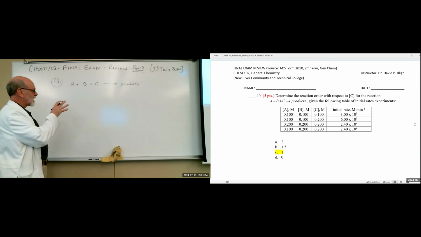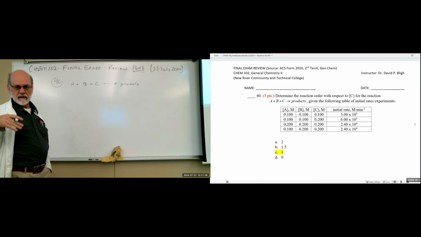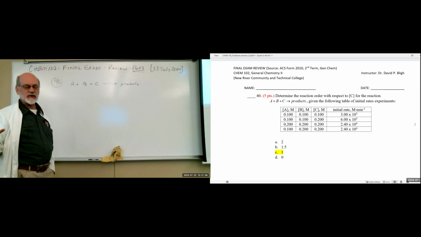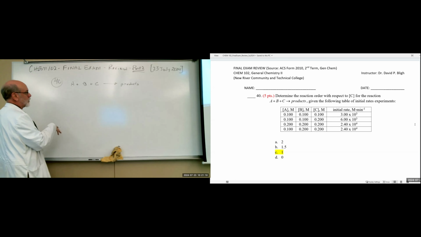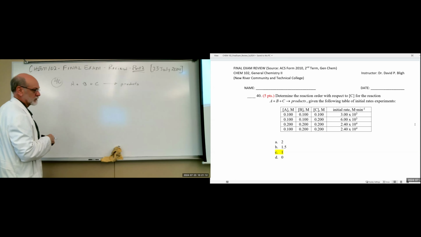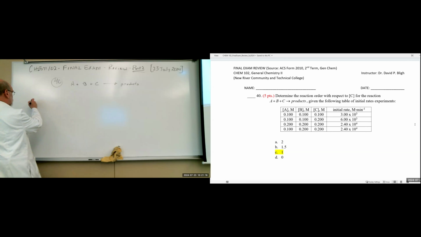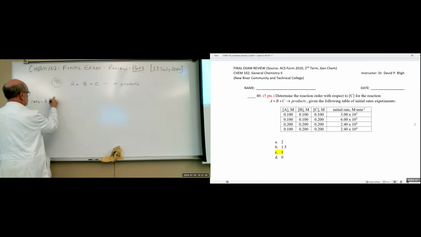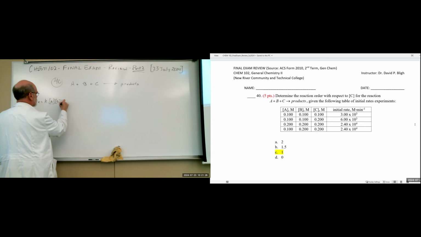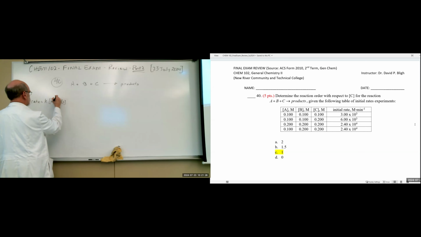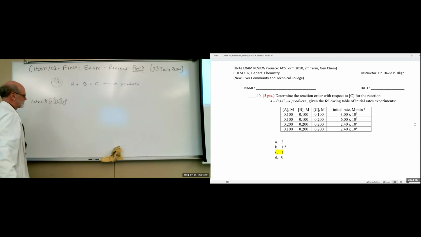So what would be the rate expression for this reaction? It would be rate equals some constant times A to the N, B to the M, and C to the P.